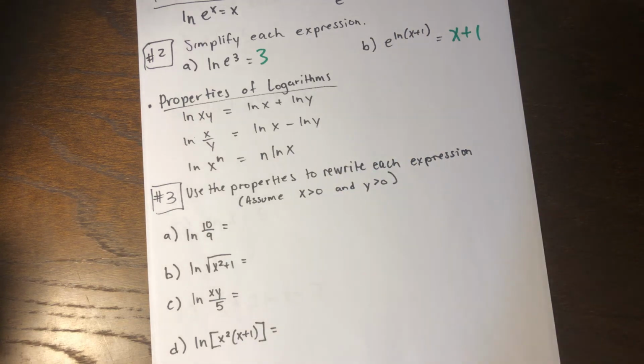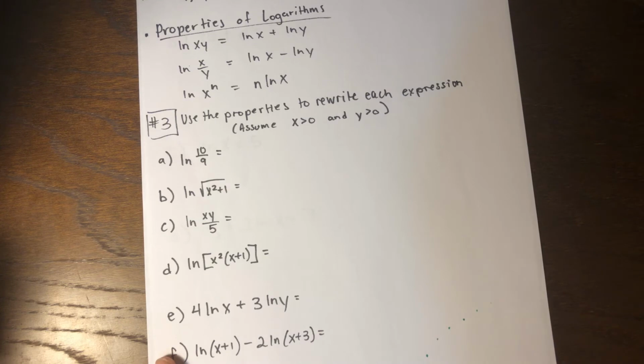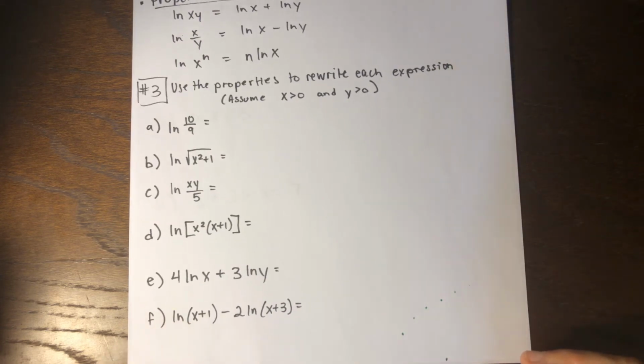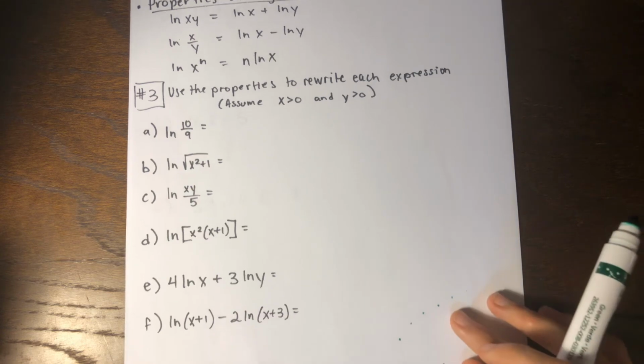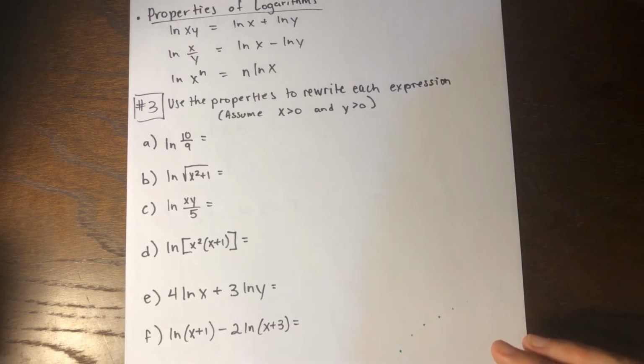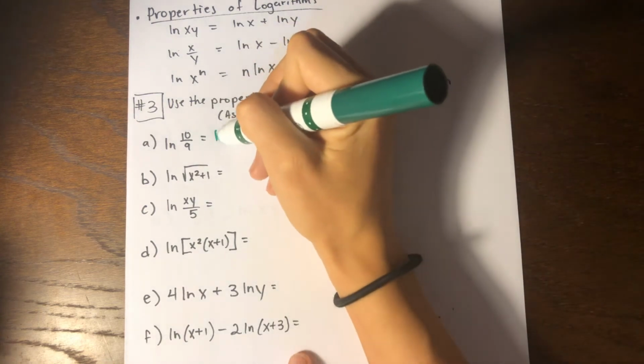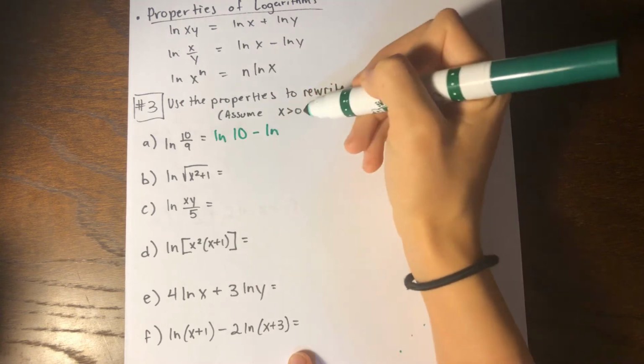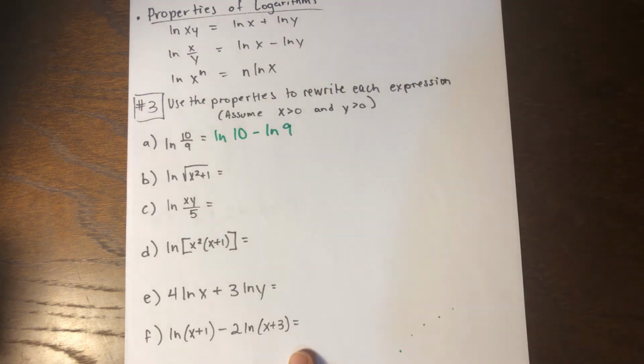So let's work an example so you can understand what I'm talking about. In number 3, we have the natural log of 10 divided by 9. Using the properties, I'm going to separate this into natural log of 10, because that's in the x place, minus the natural log of 9, which is in the y's place.